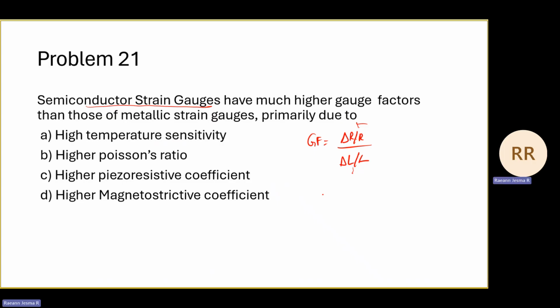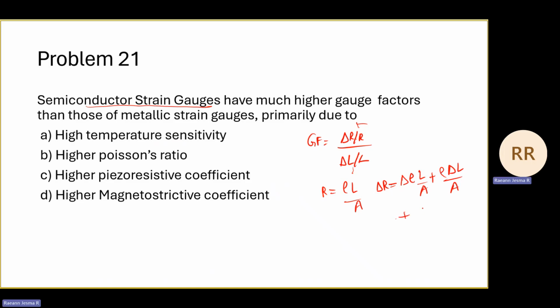If we see the resistance, it is rho into L divided by A. If we take delta R, it can be due to variation in the resistivity of the material, so that will be delta rho, giving delta rho into L divided by A, plus rho into the change in length.